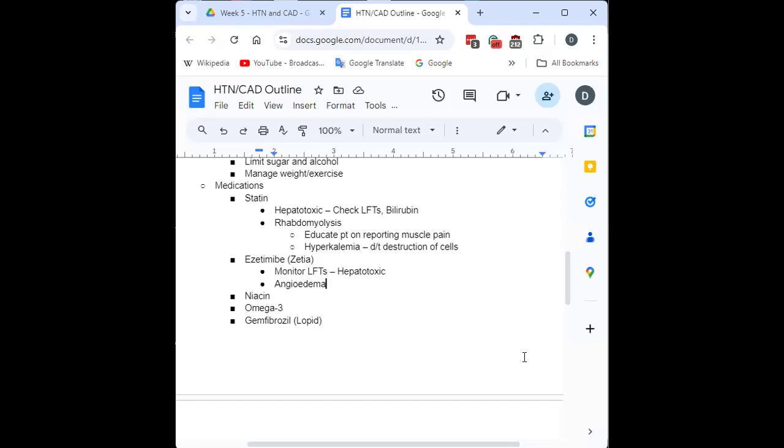Not to be confused with glossitis, which was with your vitamin B12. But that's a medical emergency because it can cause airway obstruction. You have your tongue inflamed, it can cause airway obstruction.